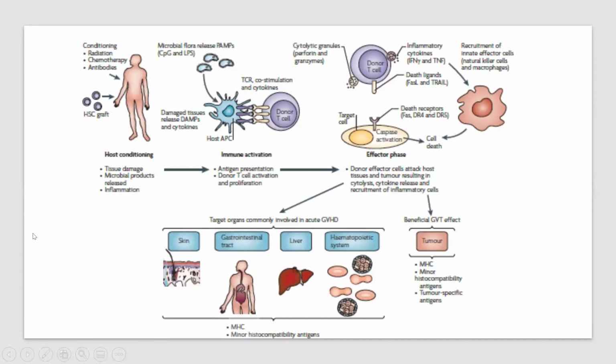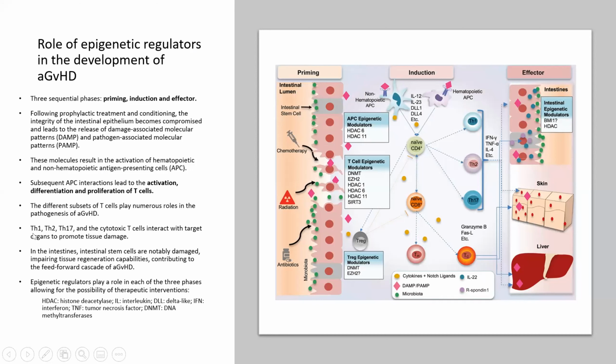For example, T helper 1, T helper 2, and cytotoxic T cells interact with target organs to promote damage. In the intestines, intestinal stem cells are notably changed, impairing tissue regeneration capabilities, contributing to the forward feedback cascade of acute graft versus host disease.